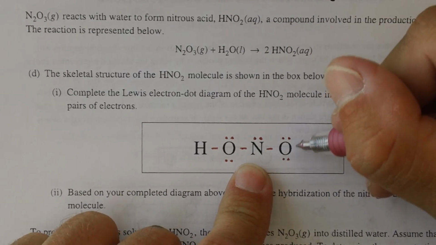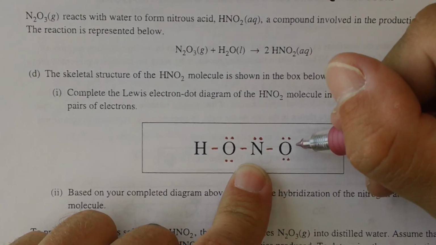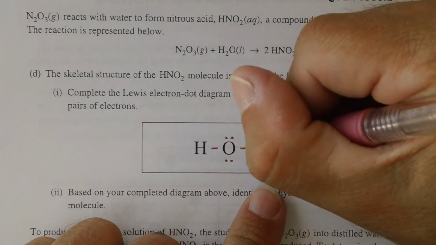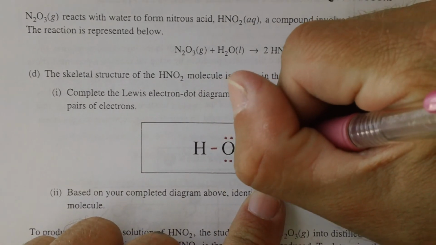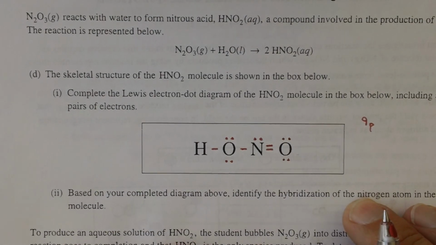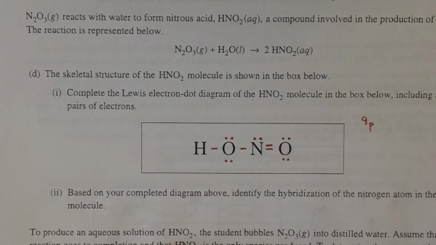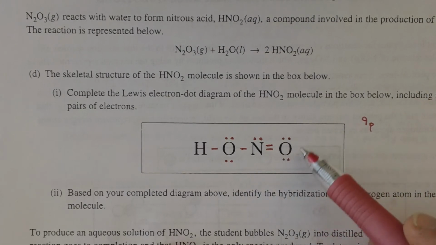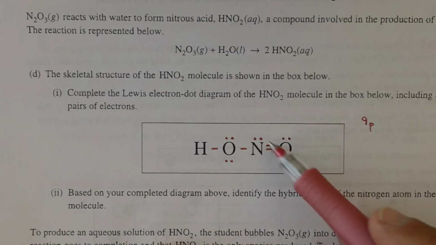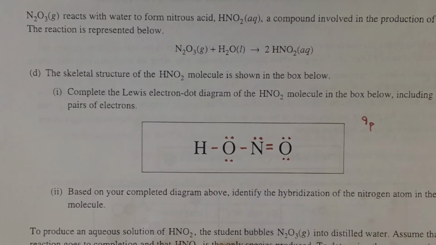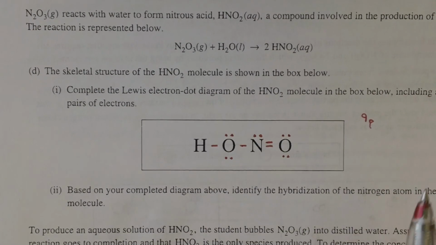So I've got to take that pair of electrons and create a double bond to that nitrogen. That's the way that looks. So there's still 9 pairs, but that oxygen can't have 3 lone pairs on it because that would short nitrogen its octet of electrons. So there's our electron dot structure. Get a point for that.